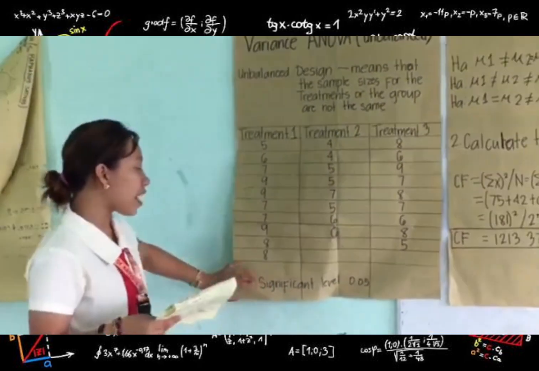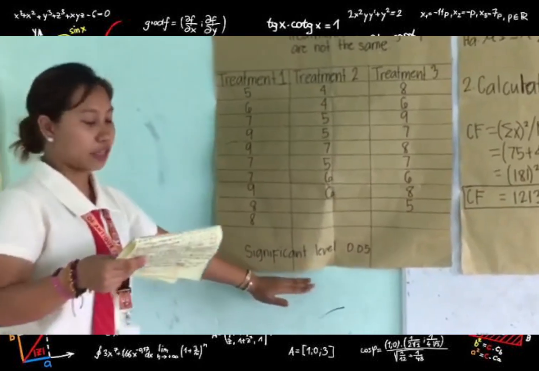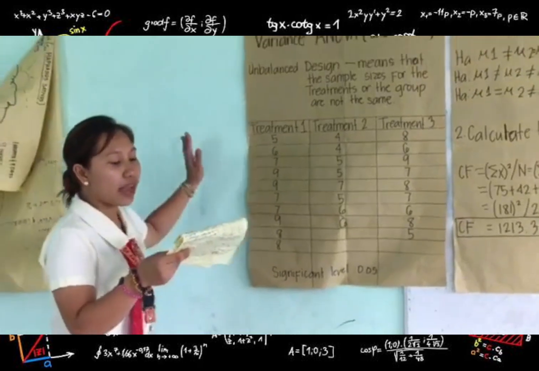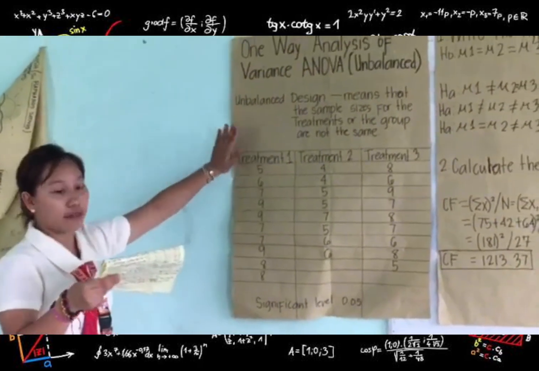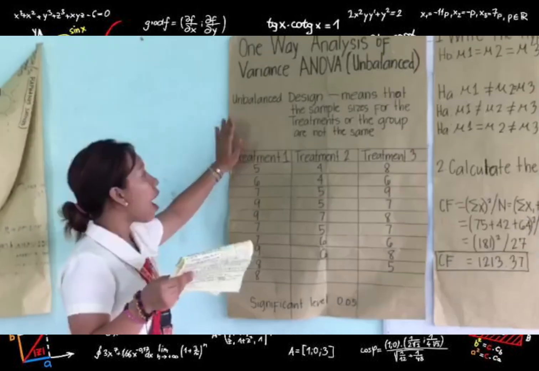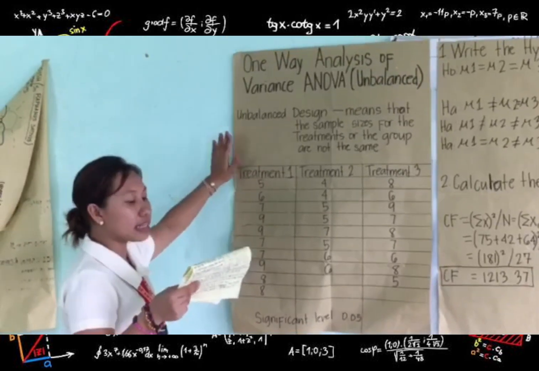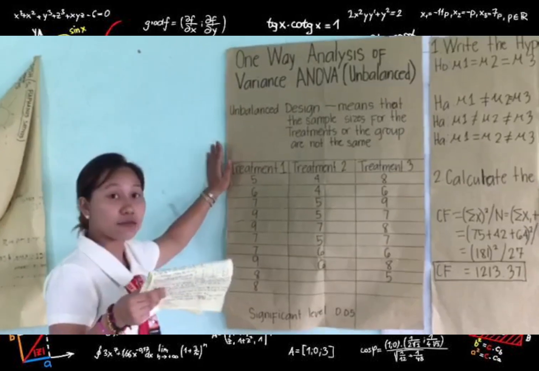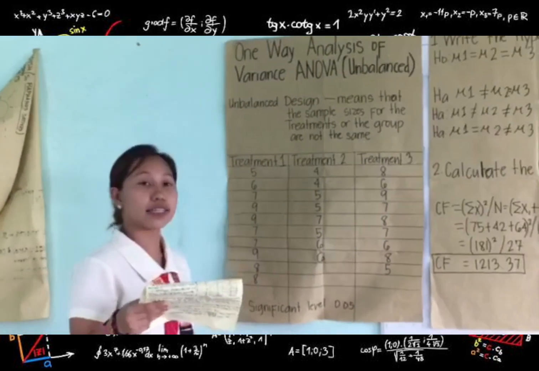We use a significance level of 0.05. This is one-way ANOVA because we are dealing with one independent factor, and it is an unbalanced design because the sample sizes for the three treatments are not the same.